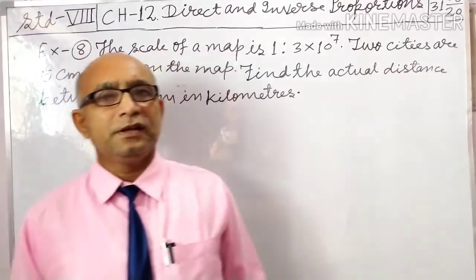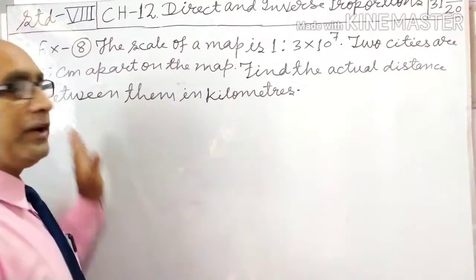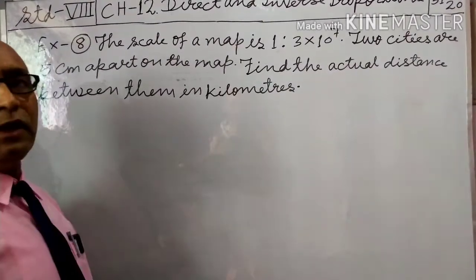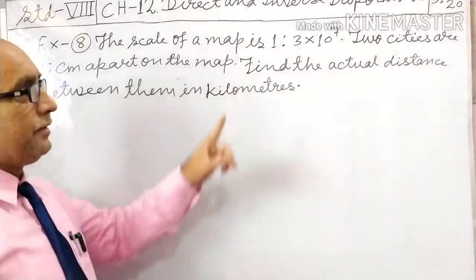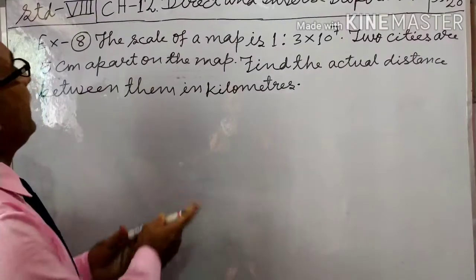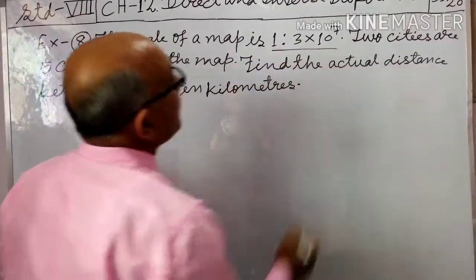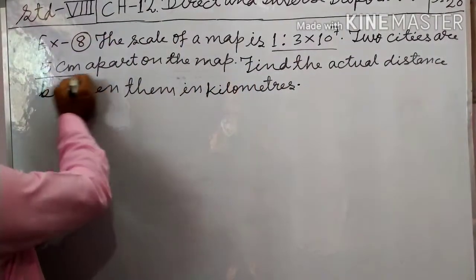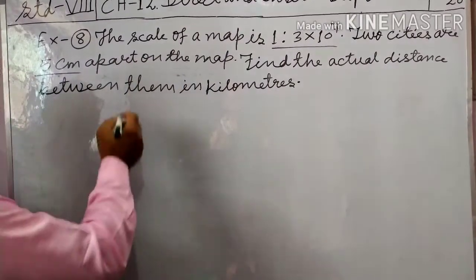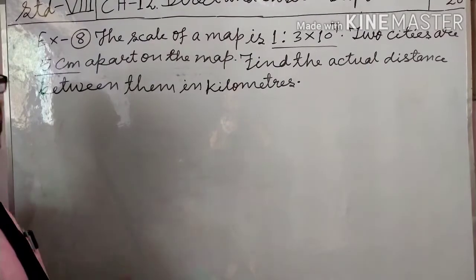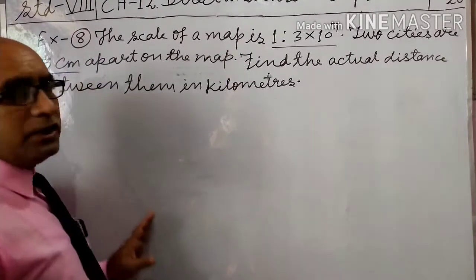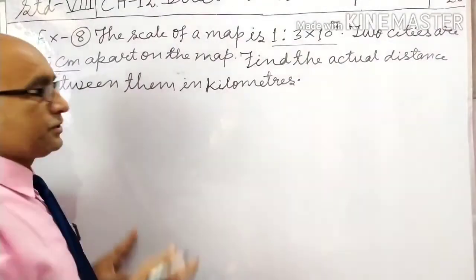Students, next and last example, example 8. The scale of a map is 1 : 3 into 10 to the power 7. Two cities are 5 cm apart on the map. Find the actual distance between them in kilometer. Students, here two terms, distance on map and actual distance.